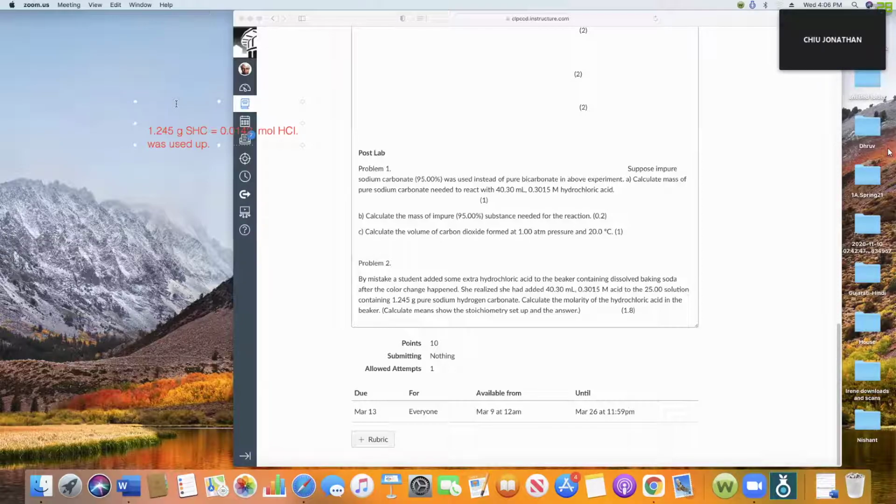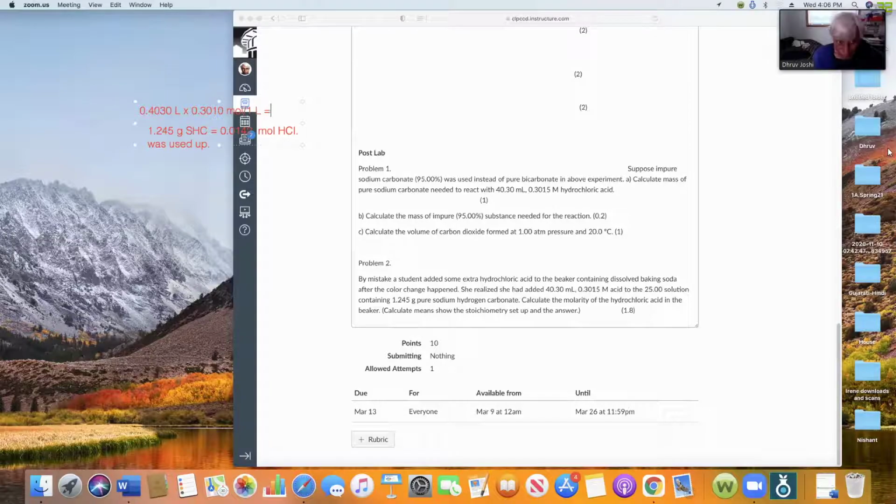Actually, I think he's right. There were less, because if you multiply the 0.0403 liters by the molarity, you get 0.012, but then it says the amount used up was 0.01310 mole.